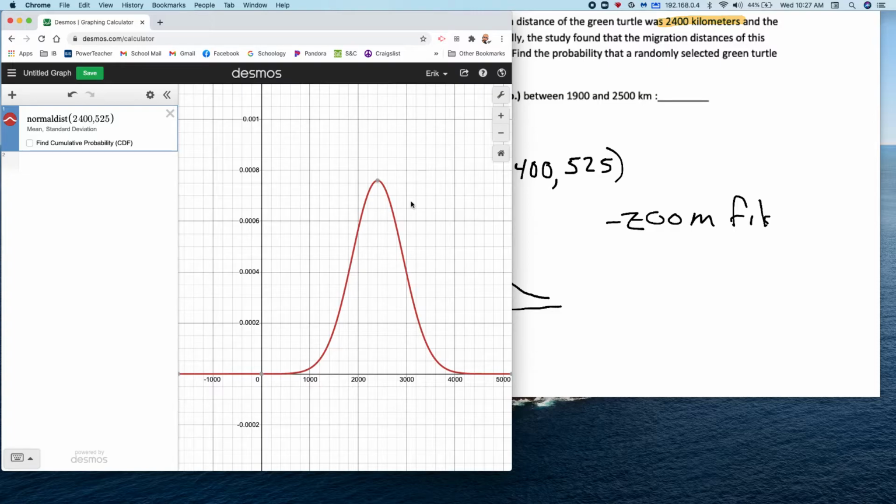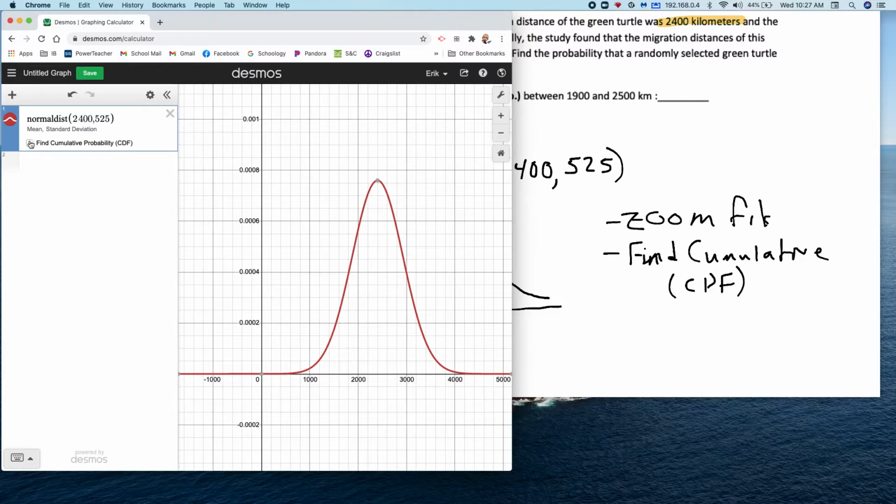And then the next thing we're going to do is find cumulative probability, okay? And sometimes that's called a cumulative distribution function. CDF is what that might be called if you take a stats class, okay?